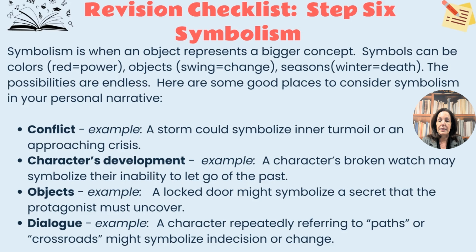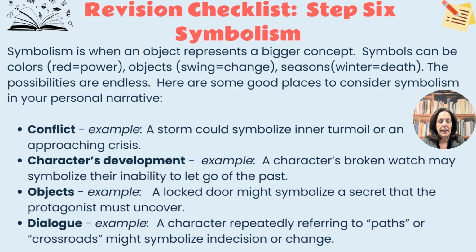Here are some good places to consider symbolism in your personal narrative. So you could get into the part where you're showing the conflict, the problem. For example, a storm could symbolize inner turmoil or an approaching crisis. The character's development. For example, a character's broken watch might symbolize their inability to let go of the past.